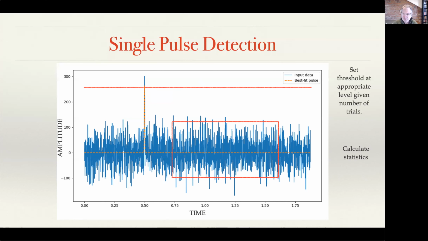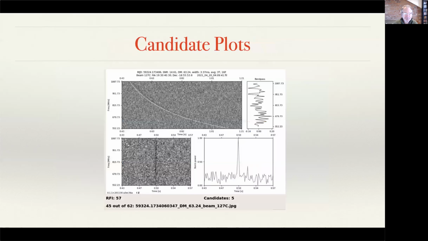Remember, we need to do this for many hundreds to thousands of dispersion measures, and for each one we have a long time series corresponding to our observation duration. Then we calculate the statistics, and we look for peaks above 8 sigma. If we see anything above 8 sigma, we store it for a human to look at.